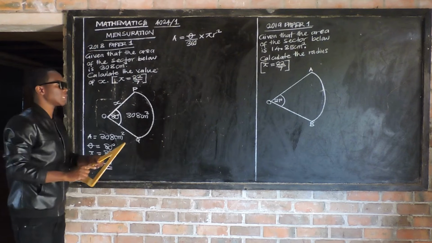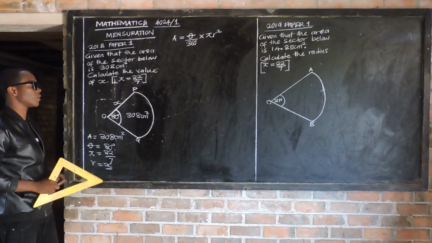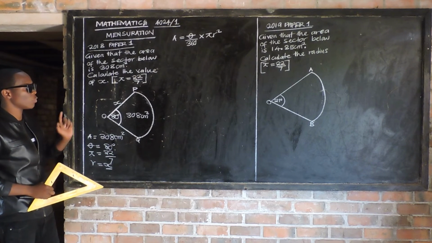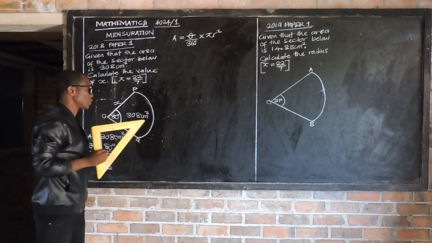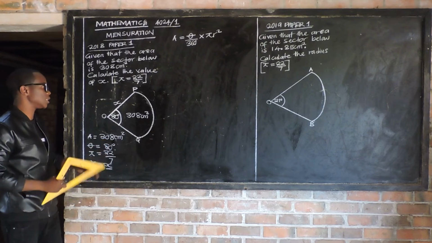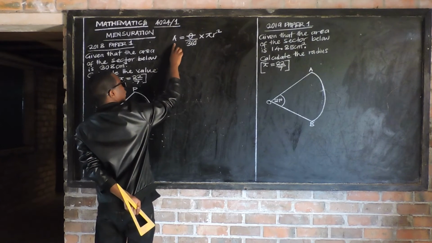Now what we're going to do is substitute what we have been given into the formula. The area has been given to be 308, so where there is area, you put 308.